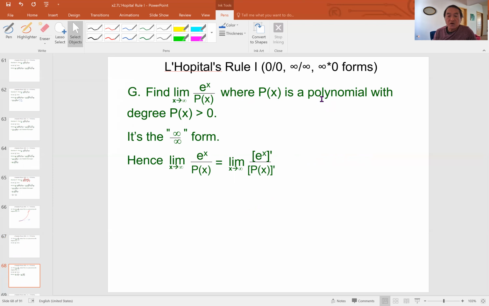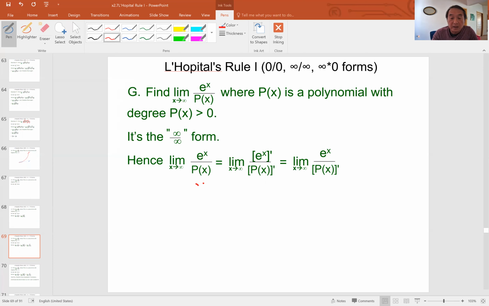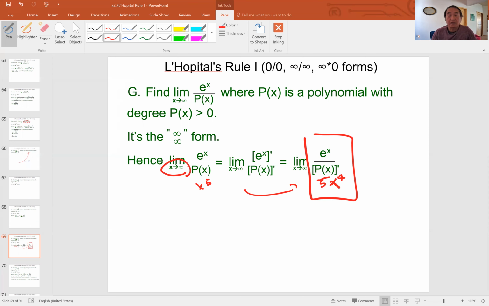In particular, the proof is this: I use L'Hopital's rule, and the derivative of e to the x never changes. The derivative of e to the x is e to the x. But for a polynomial, the degree becomes 1 less. So if, for instance, x is to the 5th, after I take a derivative it will be 5x to the 4th. So the new question is, what's the limit of e to the x divided by 5x to the 4th as x goes to infinity?